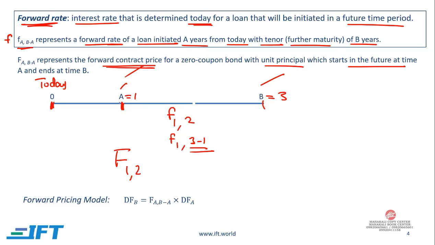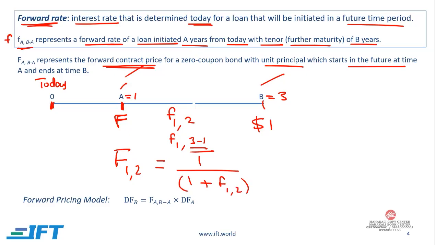If we have a 0 coupon bond that pays $1 over here, what is the price going to be at time 1? That is represented by capital F. And the relationship between capital F and small f is fairly straightforward. So capital F will be equal to 1 divided by 1 plus the forward rate. And this is (1,2).